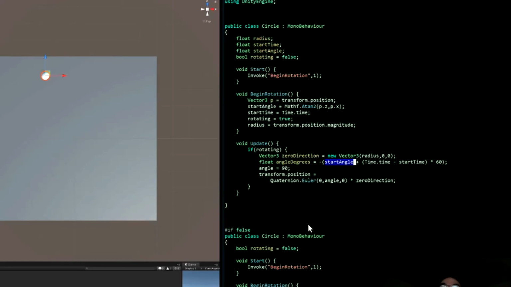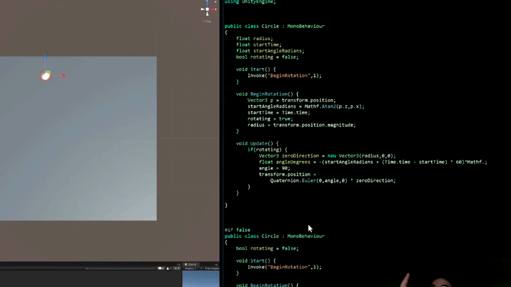Angle, always gets you that one. Angle degrees equals start angle radians. I'm going to write this explicitly out. So there's that, start angle in degrees equals that.